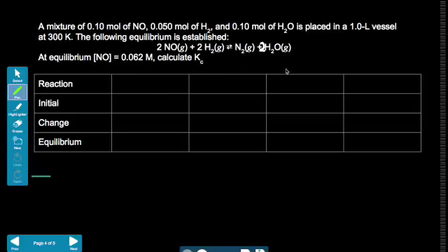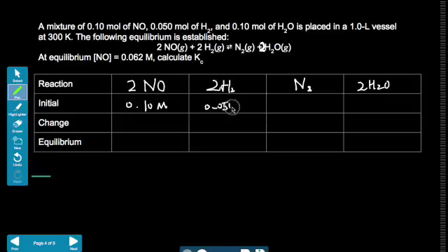First step is just copying down the balanced equation. Then we can fill in the initial concentrations we just calculated. So these are all the information we know.